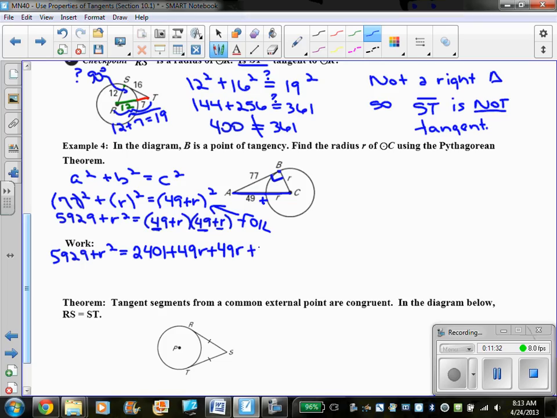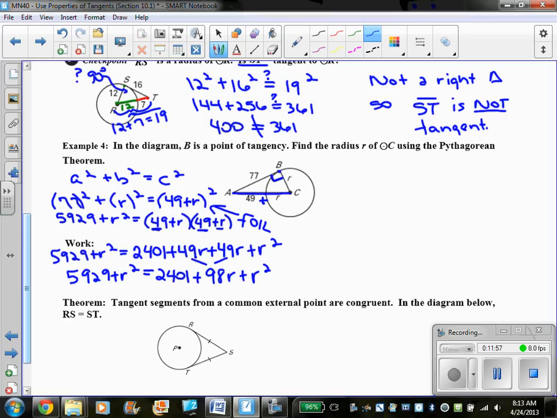And my lasts is r squared. And now we can clean this up on the right side a little bit. We have 5,929 plus r squared equals 2,401 plus 49 plus 49, which gives you 98r, plus r squared. So we combine those right there.